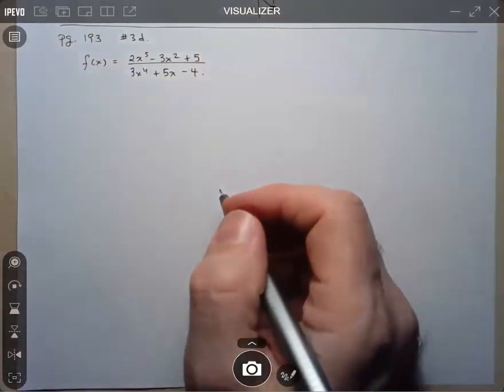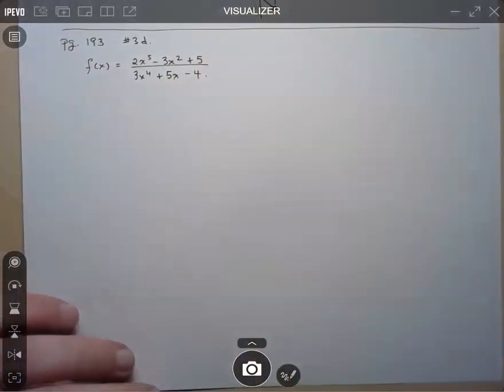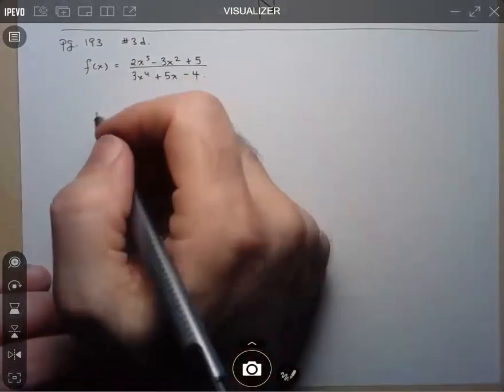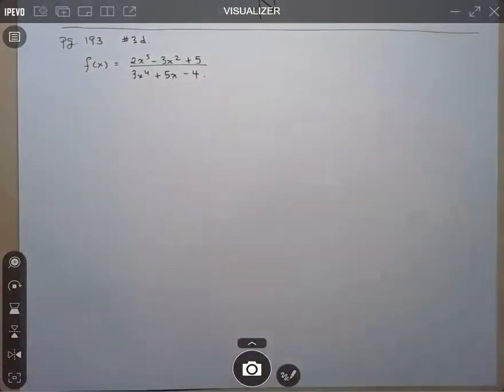Okay, and what we want to do is find the limit as x goes to positive infinity and the limit as x goes to negative infinity.